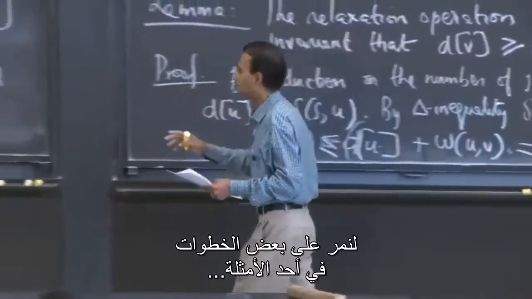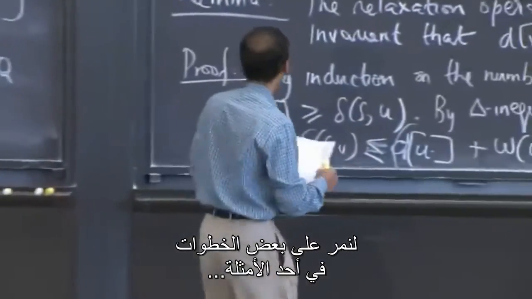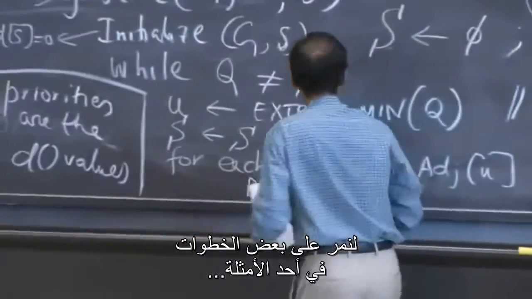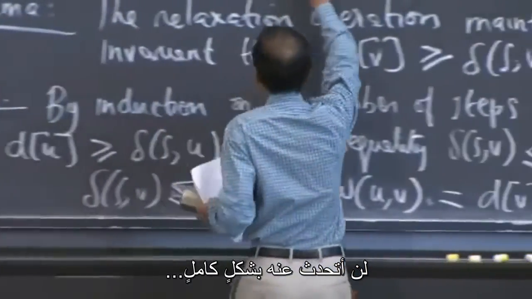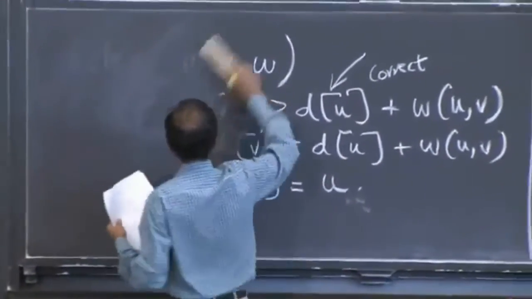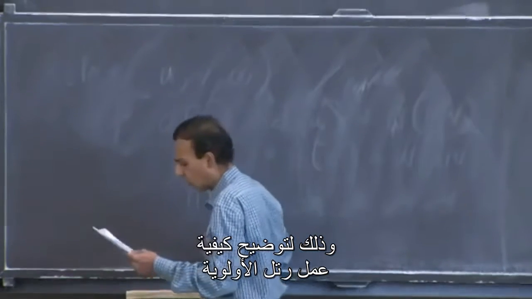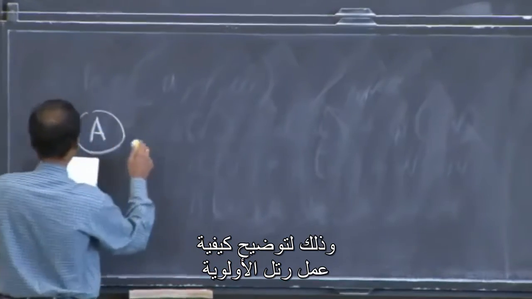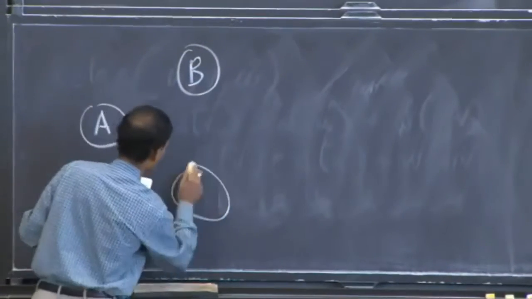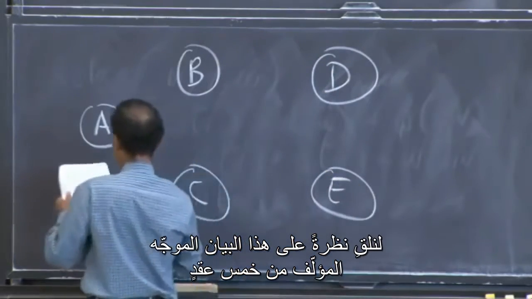Okay, let's go through a couple of steps in an example. I'm not going to go through the whole thing, but you'll see an execution of Dijkstra in the notes. I think it's worth spending a couple of minutes on the first few steps, just so it's clear how this priority queue works. Let's take a look at a directed graph that has 5 vertices.